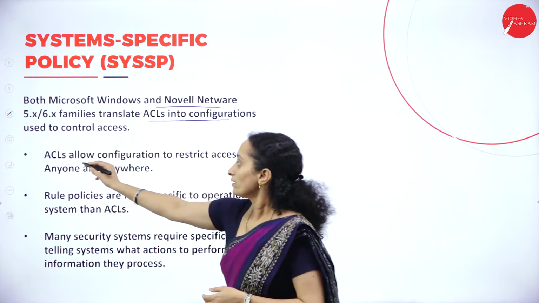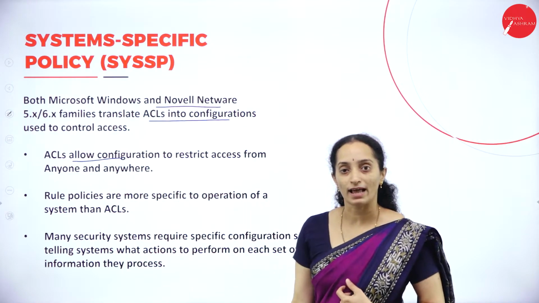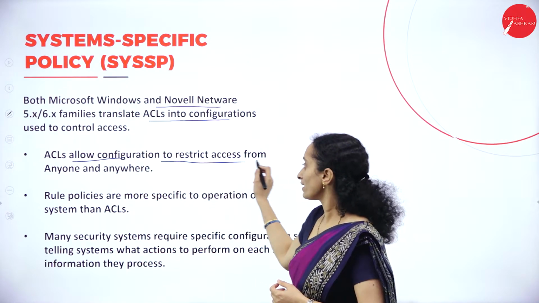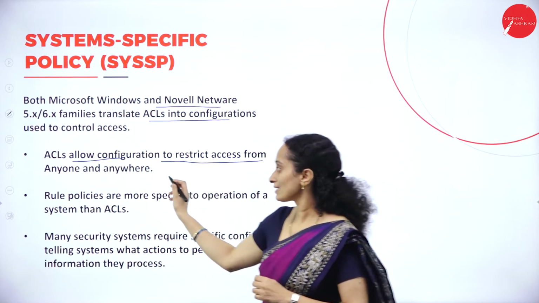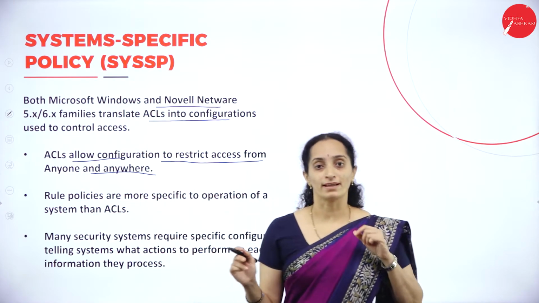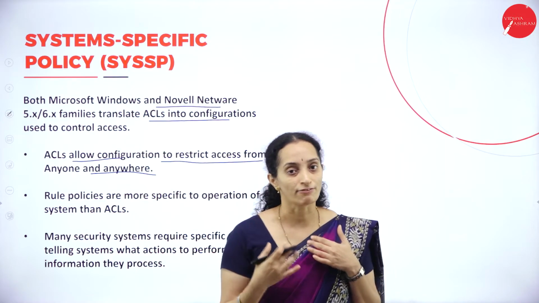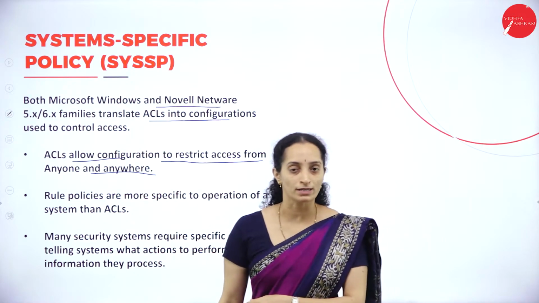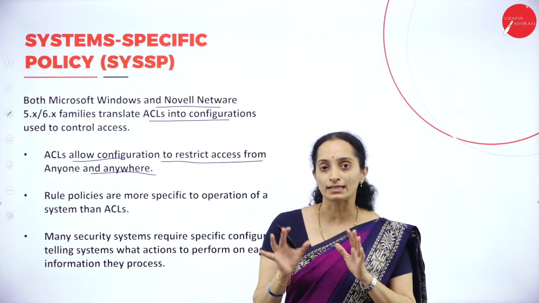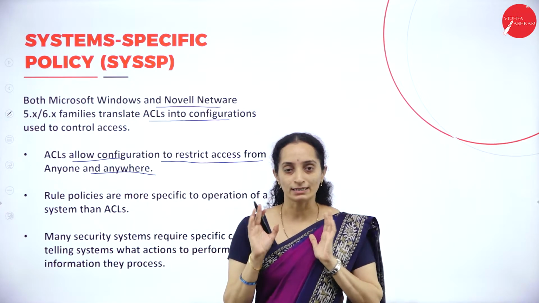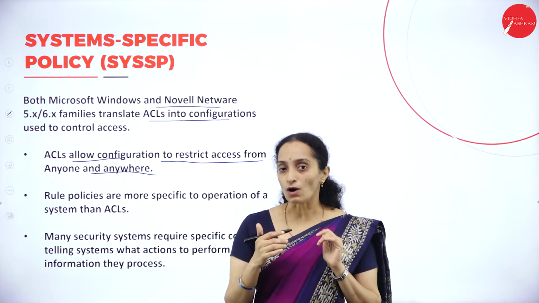What the access control list will have is, it will allow configuration to restrict access from anyone and anywhere. If I am an employee working in a particular organization, I worked till June 2020 and I have left the organization.